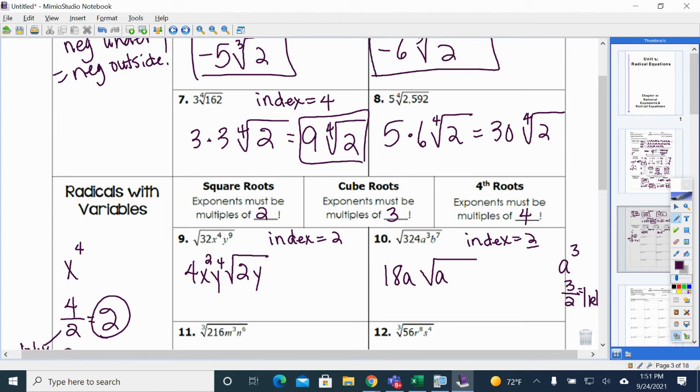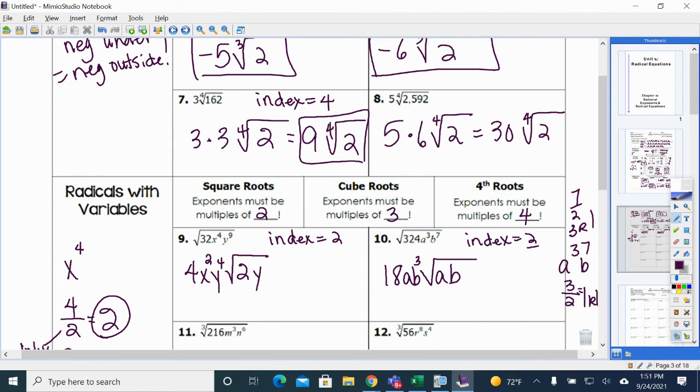What about my b's? I have b to the 7th. So we want to do 7 divided by 2. Well, that's a 3 remainder 1. So 3 b's on the outside, 1 b on the inside.